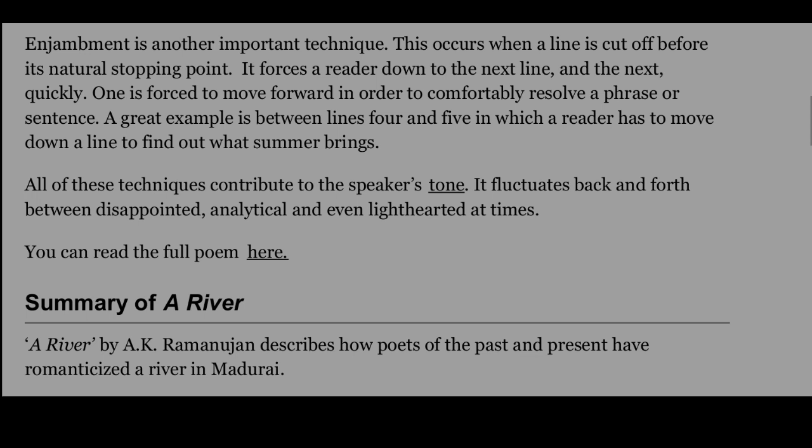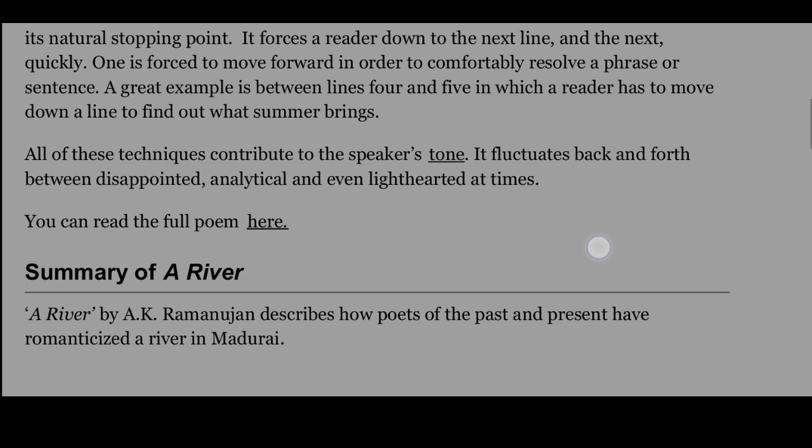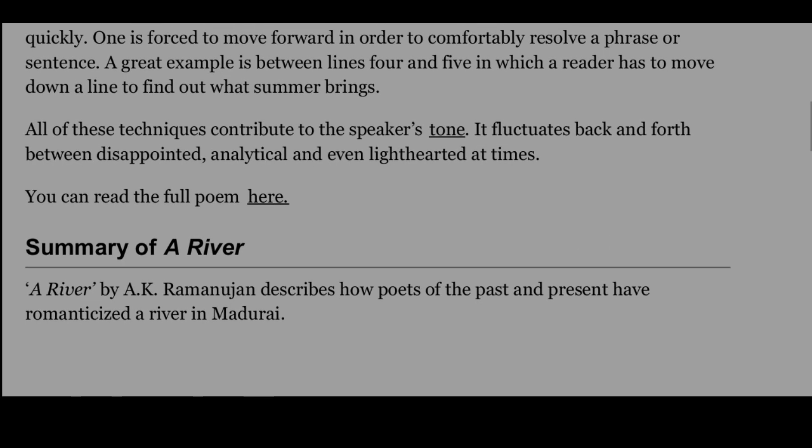Enjambment is another important technique. This occurs when a line is cut off before its natural stopping point. It forces a reader down to the next line and the next quickly. One is forced to move forward in order to comfortably resolve a passage or sentence.